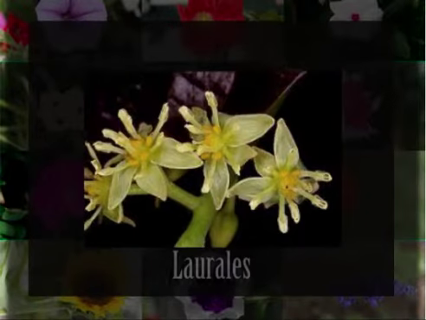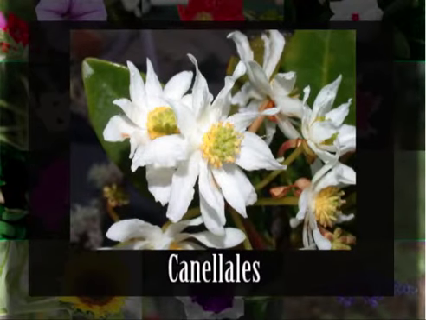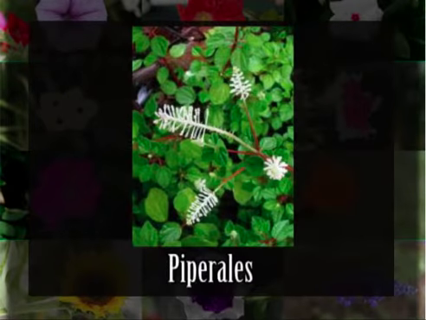We all know about the magnolia that is used as an ornamental flower in our gardens. Then one more order that has been recognized in this informal clade is Laurales, followed by Canellales, and one more is Piperales. These are the 4 different orders that have been grouped under the informal clade MAGNOLIIDS.